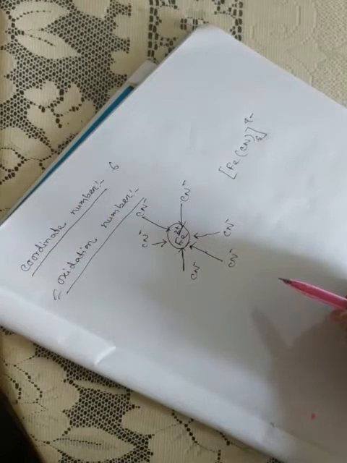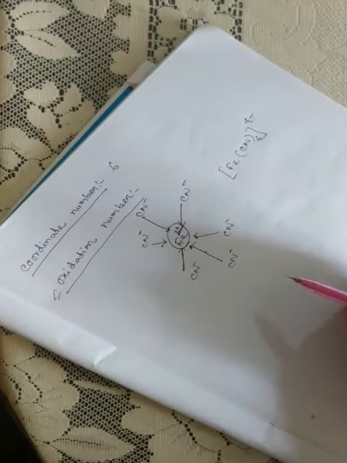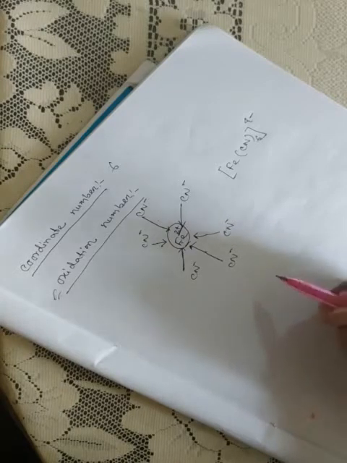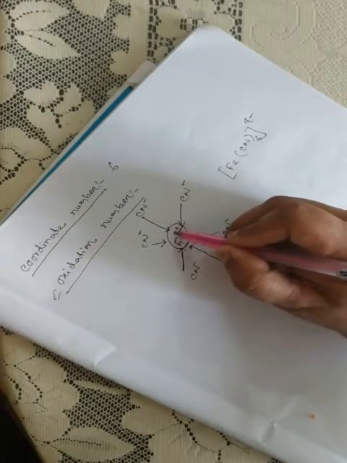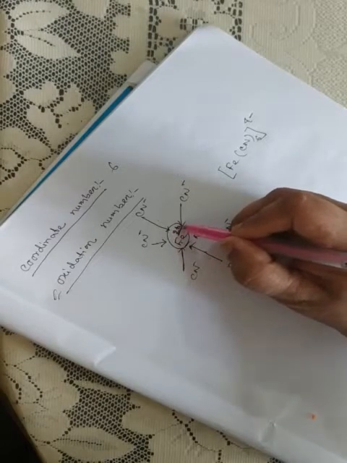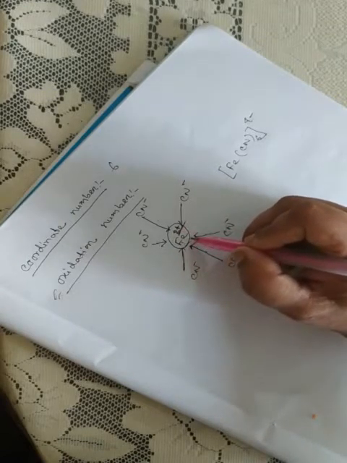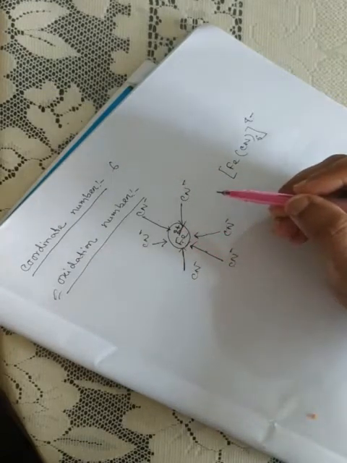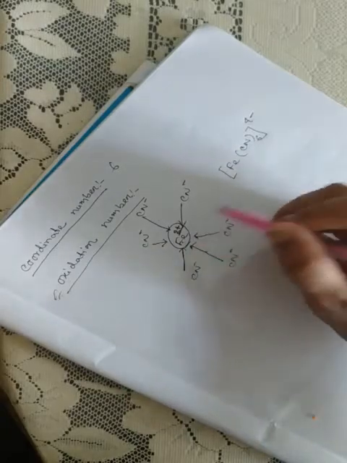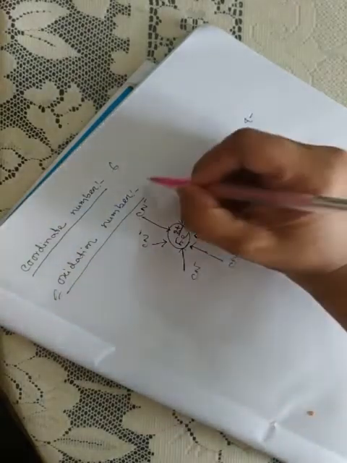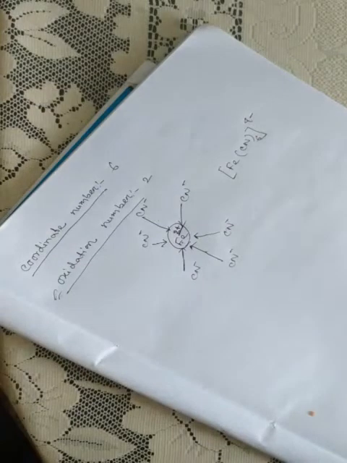The total number of electrons gained or lost in order to form a chemical bond is called the oxidation number. That means iron loses 2 electrons from its outermost shell to form chemical bonds, so its oxidation number is 2. For this compound, the coordinate number is 6 and the oxidation number is 2.